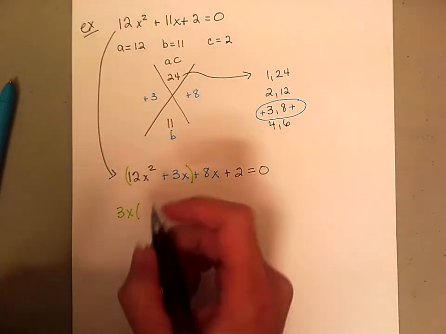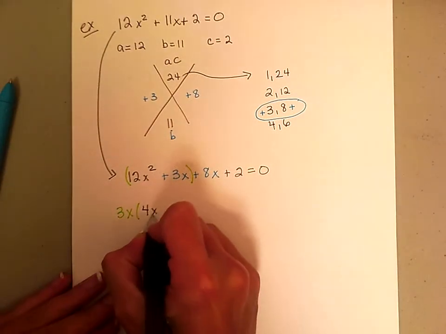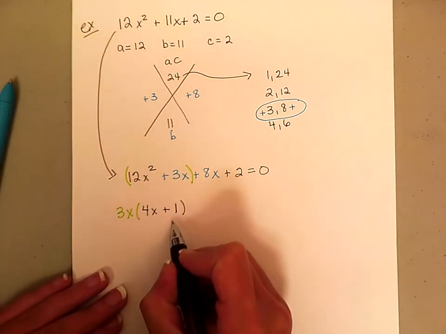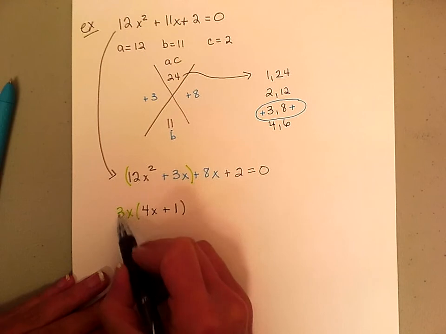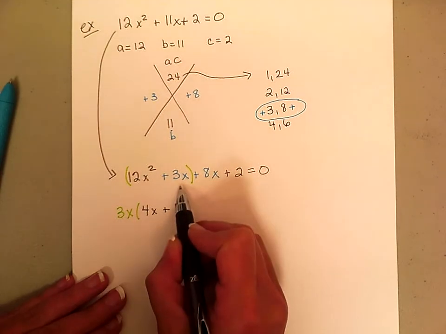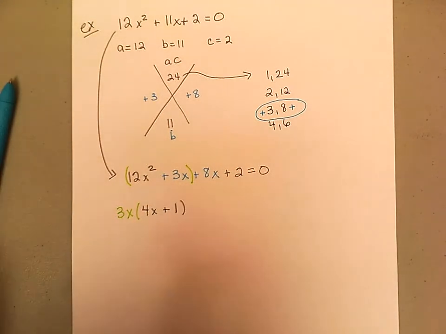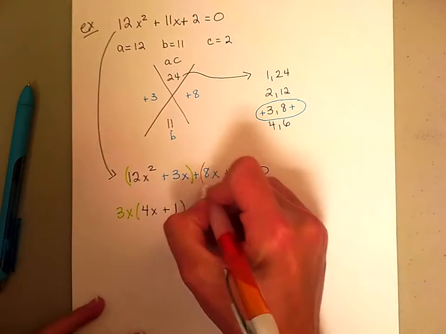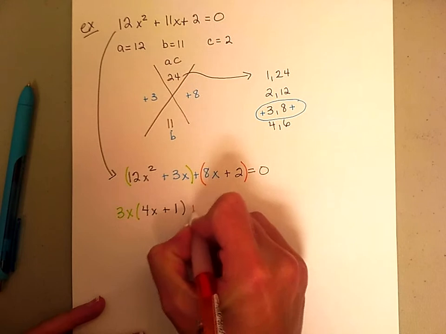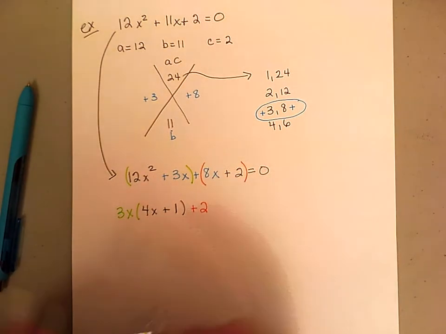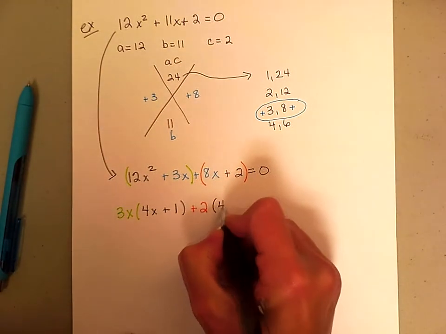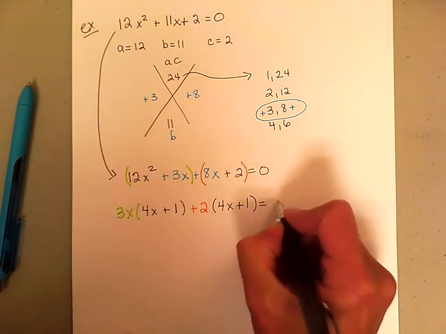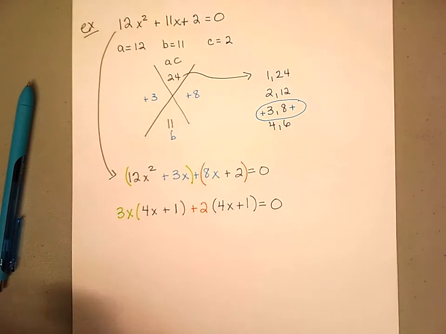And I'm left with 4x plus 1. Remember, we need the plus 1 there, so when we distribute the 3x through, it'll multiply by 1 to come back. Then in this grouping, the greatest common factor is 2, and we're also again left with 4x plus 1. And don't forget your equals 0.